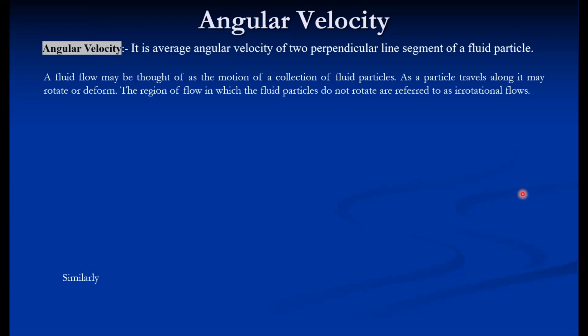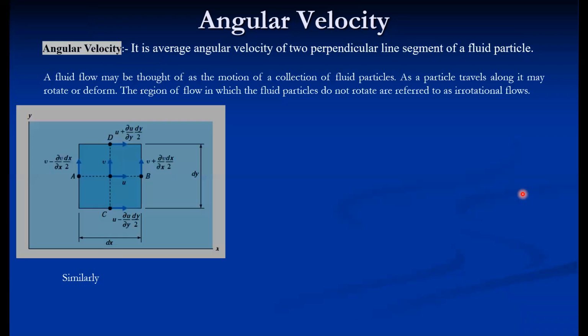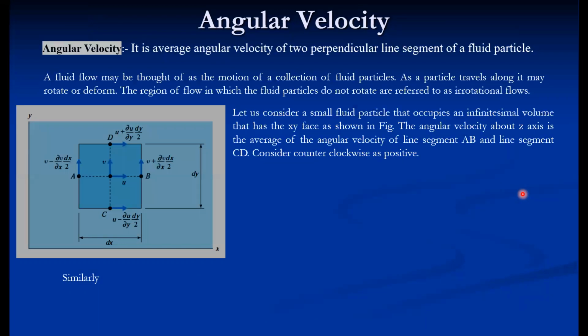So in order to calculate this rotation, we consider a small fluid element that occupies infinitesimal volume, that has an xy face as shown in figure. This is shown on the xy plane, as we are considering a 2D flow.